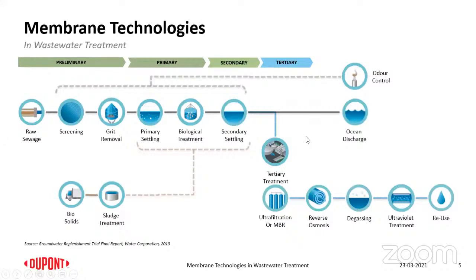Modern thought is that since they've come to this level of treatment, they could do one step more, do a reverse osmosis, get a filtrate of potable grade, and reuse it rather than dumping this waste into the sea. And the sludge is anyway being managed by the waste management system.